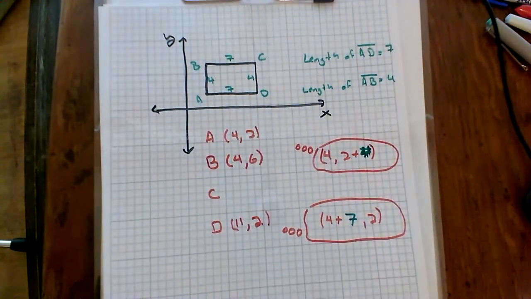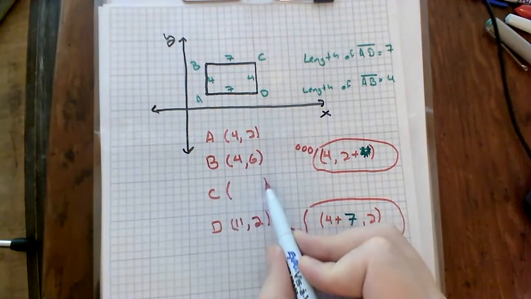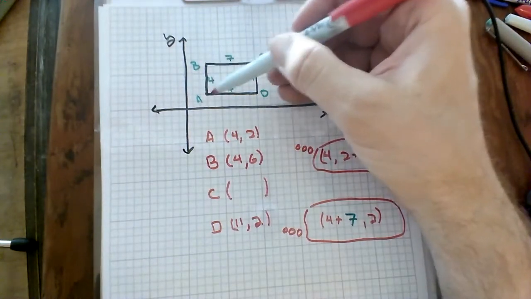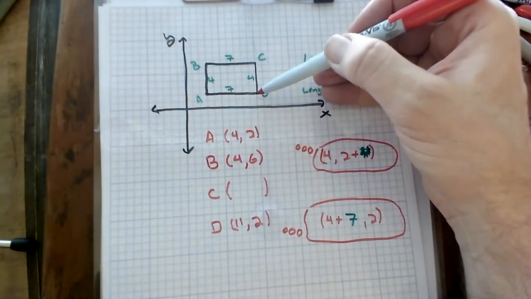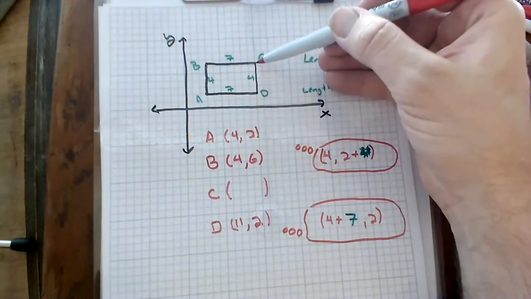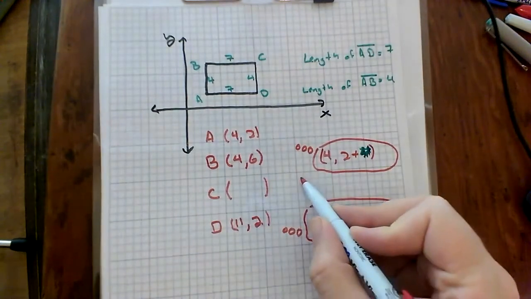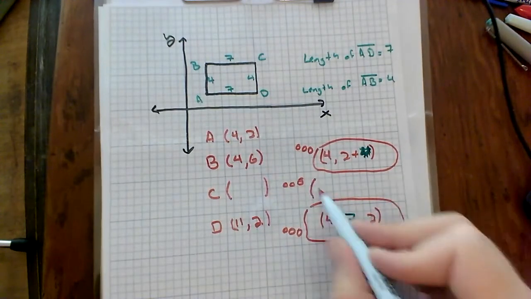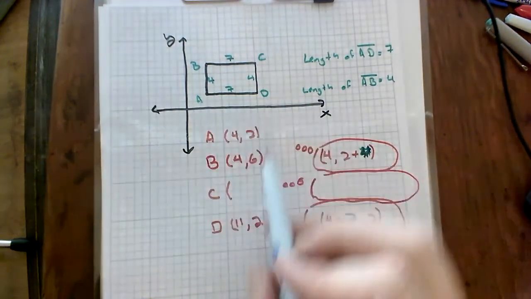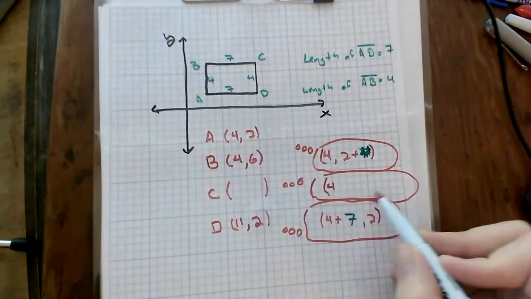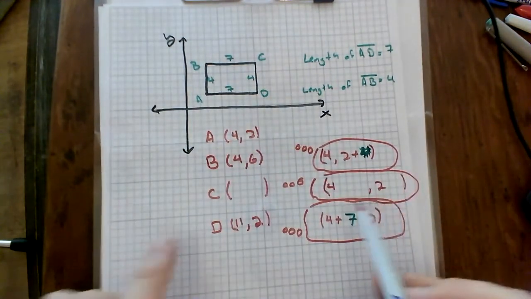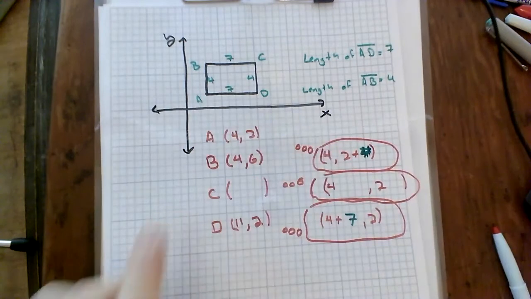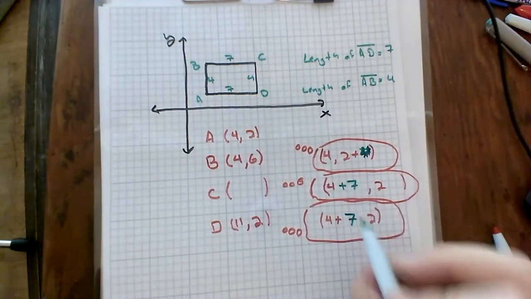Now, what's happening with the C is it is moving the X value by 7, and it's moving the Y value by 4. So with this C, I'm taking a look at my original point of 4 and 2, and then I'm moving my x value over 7, so this is going to be plus a 7.